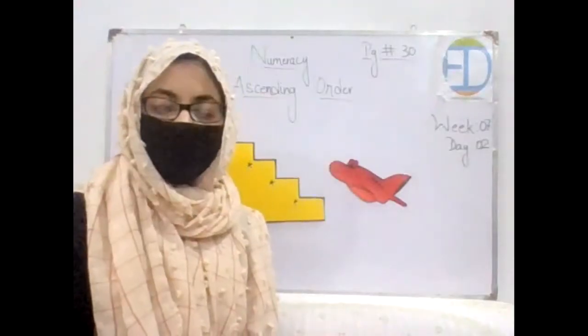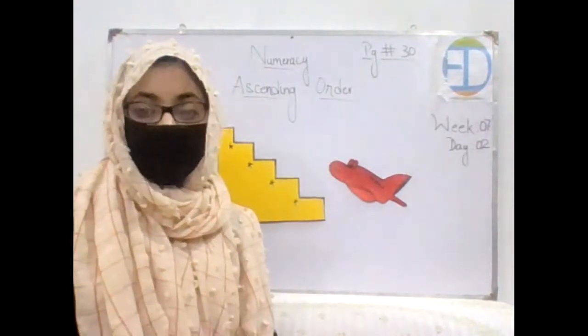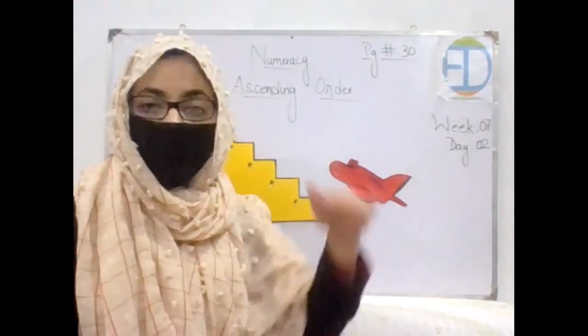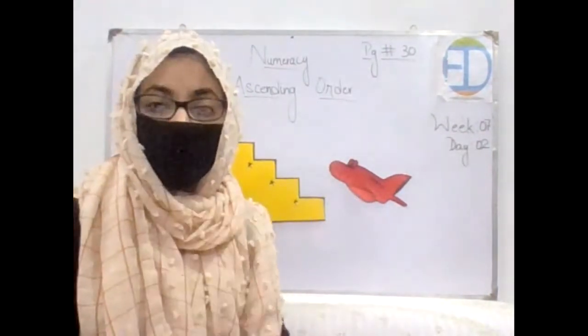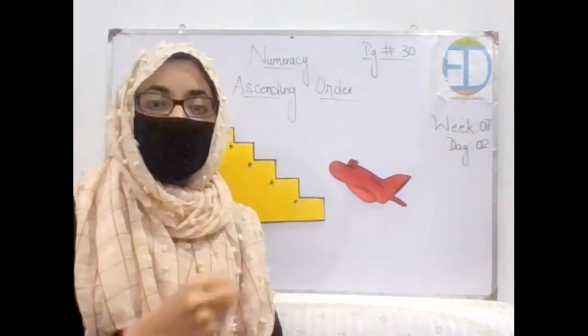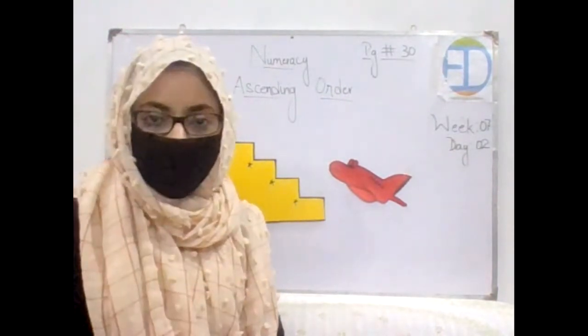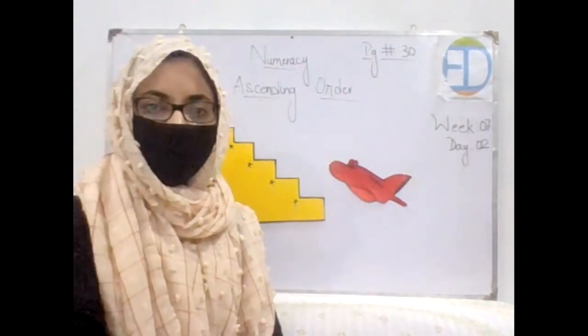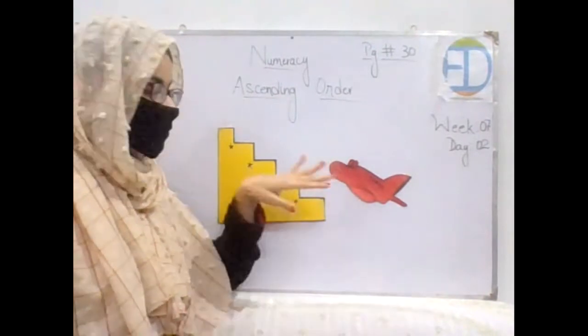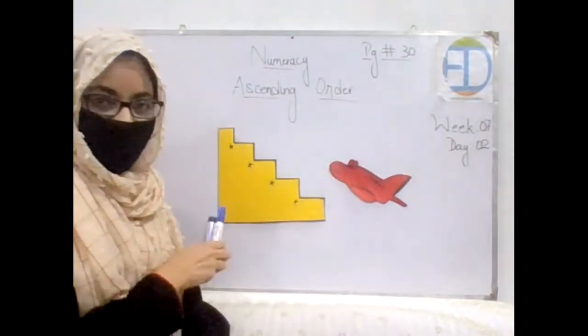Okay, so you have seen in the video the same concept that we have revised, that when we go up, it's ascending or increasing order, and when we go down, it's descending or decreasing order, right? So today we will be practicing only the increasing or ascending order, right? So look at the board carefully. Here you can see that I have drawn a ladder for you, right, with this chart paper.